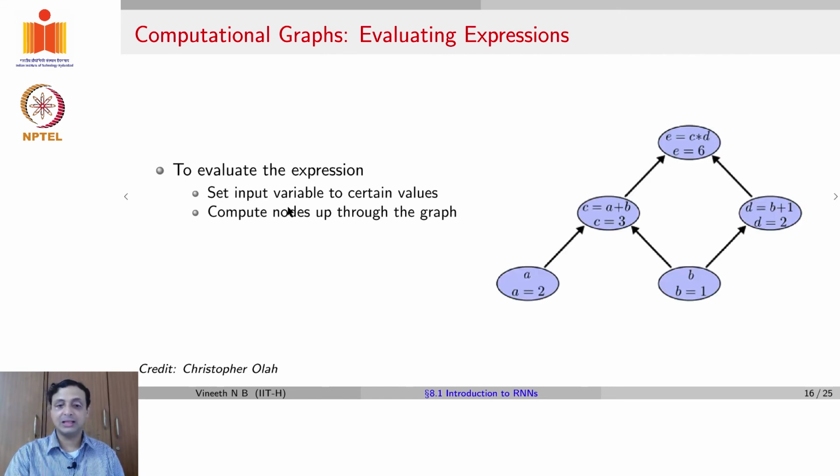So it would look something like this. You set A = 2, you set B = 1, you first compute C = A + B, which means you get C = 3, similarly D = 2, and then you combine them and get your final answer for E, which is E = 6.